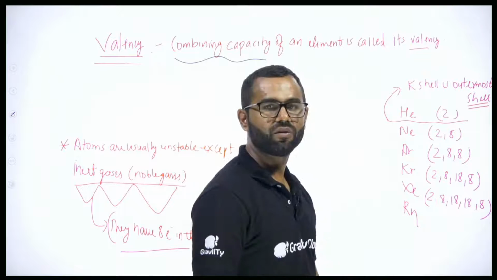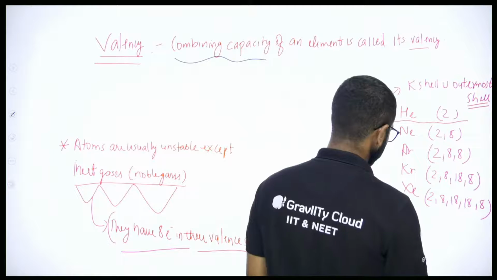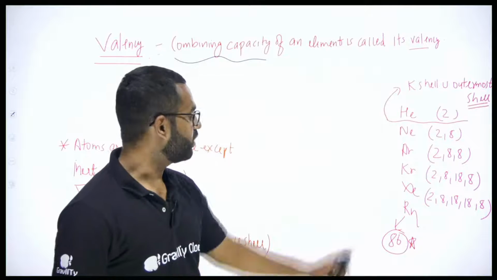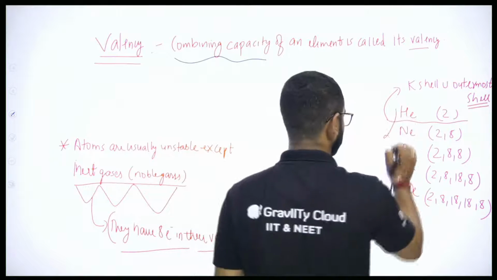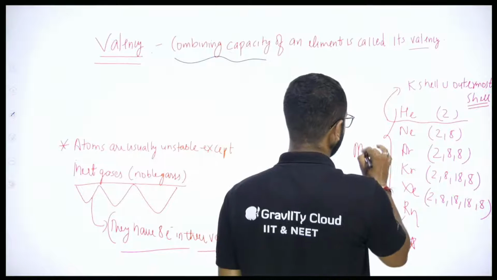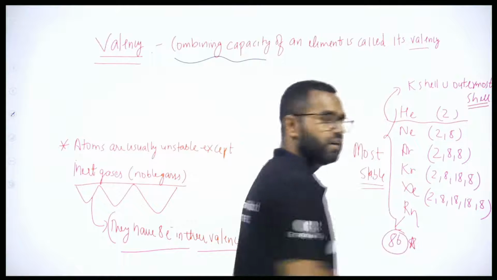Similarly, radon also has 8 electrons, right? Its atomic number is 86. And in the last lecture, we went through the electronic configuration of radon. It also has 8 electrons in the outermost shell. So because they have 8 electrons in the outermost shell, these atoms are most stable.